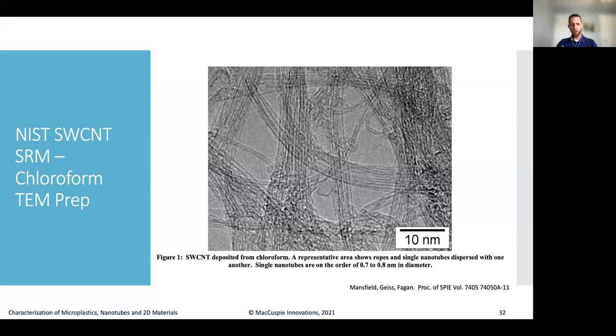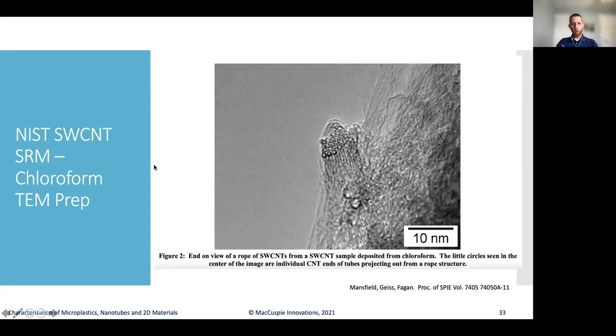These particular nanotubes are on the order of 0.7 to 0.8 nanometers in diameter. And these images in this publication were with a conventional TEM. So as you can imagine, a low voltage EM will give you an even greater degree of contrast than these images.